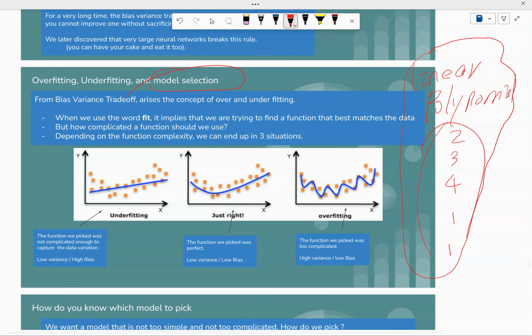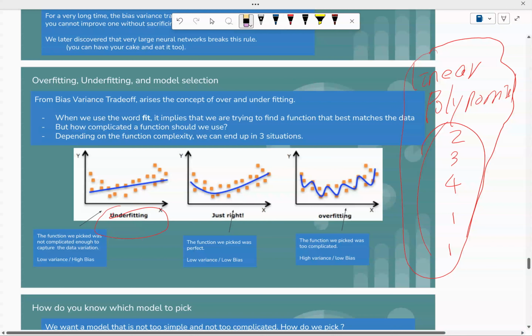The process of picking a model is called model selection. You're trying to select the appropriate model. And over here, you can see three possible cases. In the first case, the data is curved, but you use a line. So in this case, the line is insufficient to model the data. We have a model that's too simple for more complicated data, and this is called underfitting.